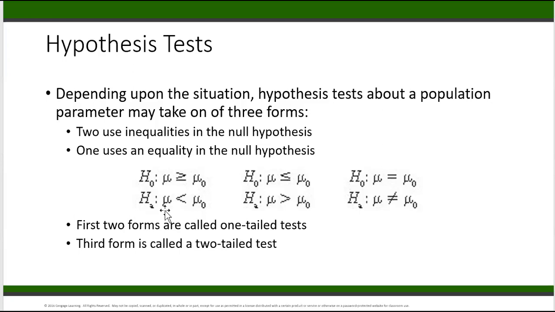for that is because in the first case we are rejecting the null hypothesis if the sample mean that we take is extremely less than mu0.